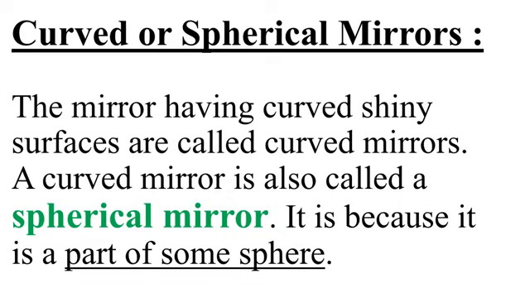Curved or spherical mirrors. The mirror having curved shiny surfaces are called curved mirrors. A curved mirror is also called a spherical mirror. It is because it is a part of some sphere.